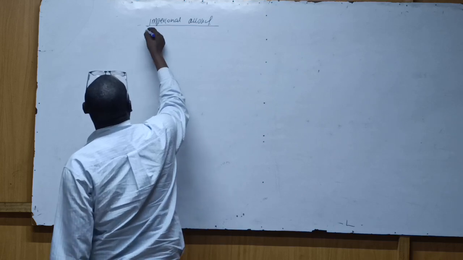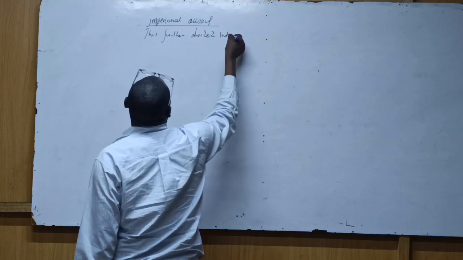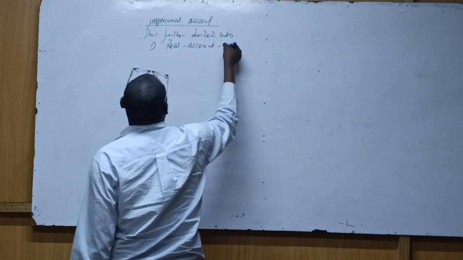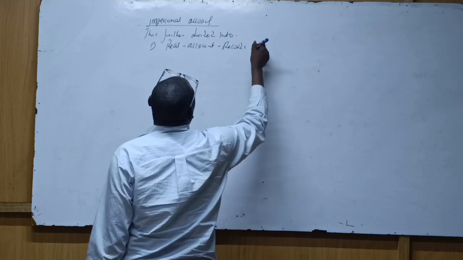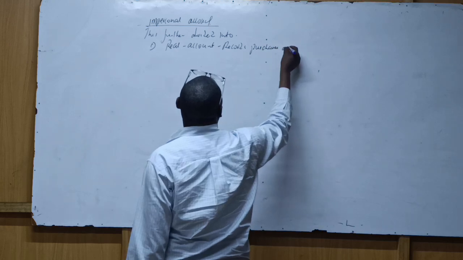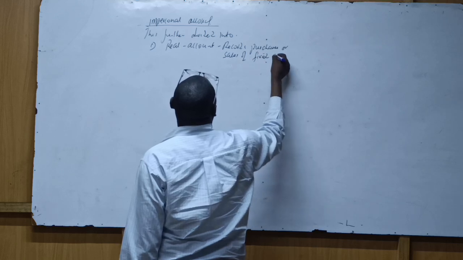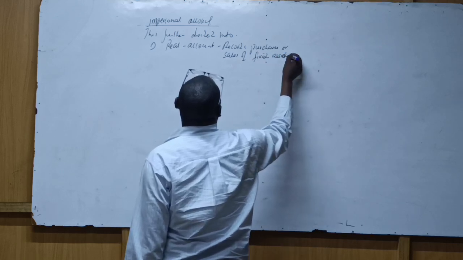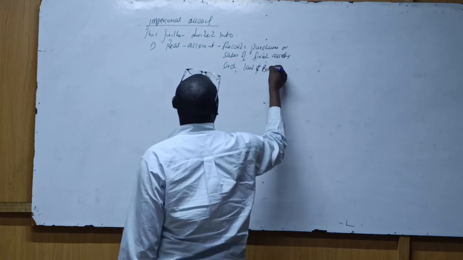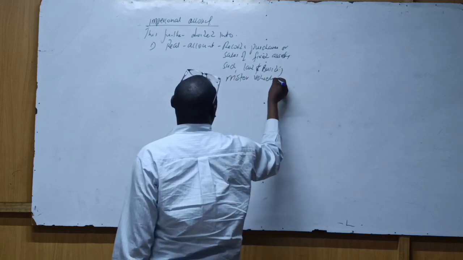This is further divided into A, real account, which records purchases or sales of fixed assets, such as land and building, motor vehicle, furniture.